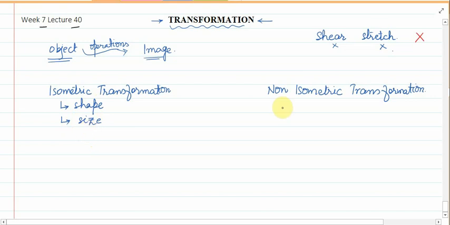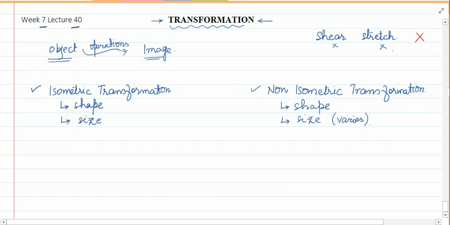But in non-isometric, the shape remains the same, but the size does not remain the same. So in a non-isometric transformation, there is a variation in size, but in an isometric transformation, there is no variation of shape or size, right?